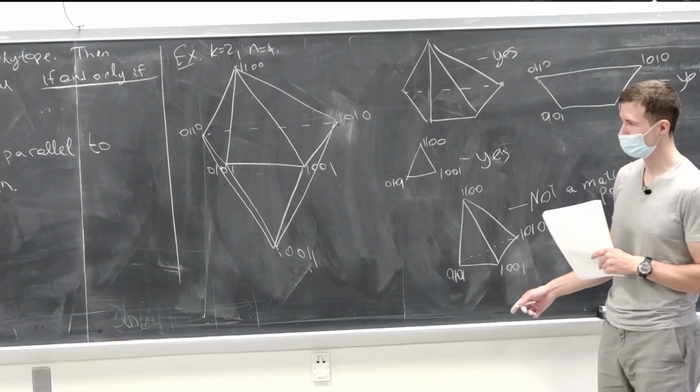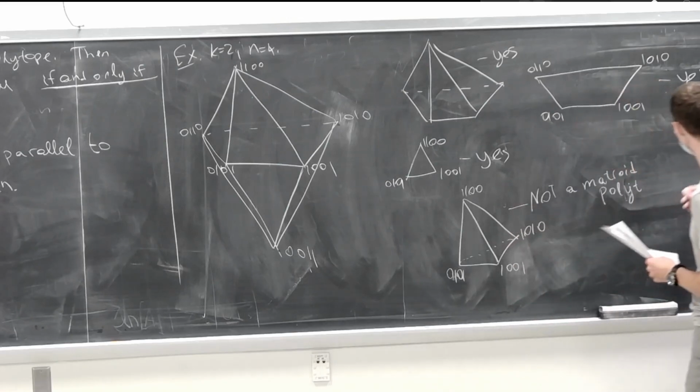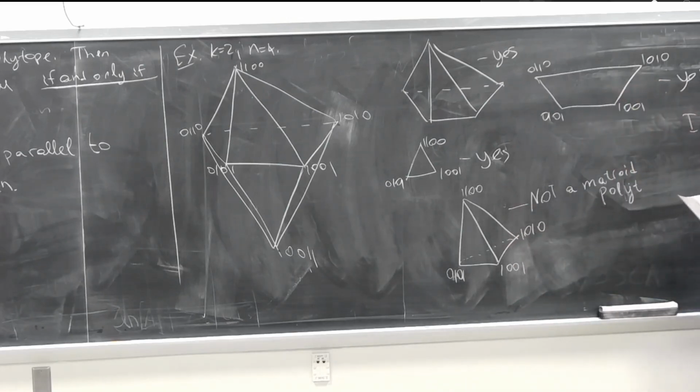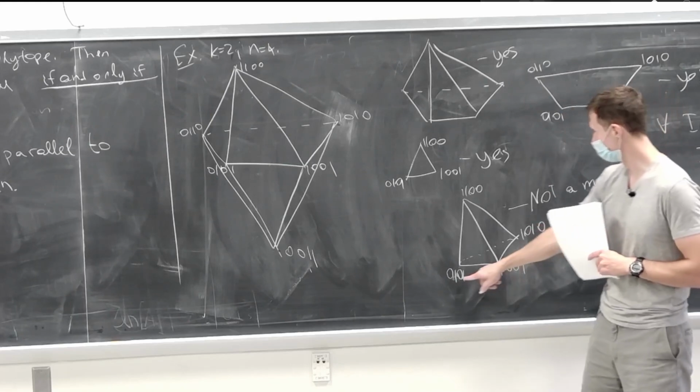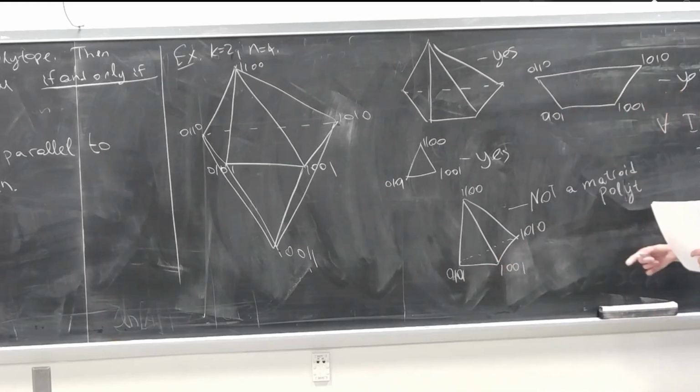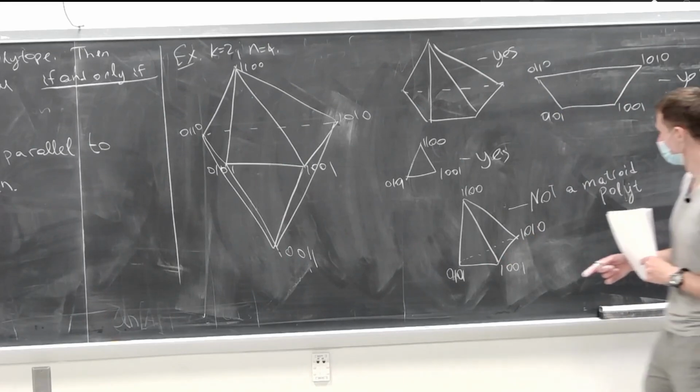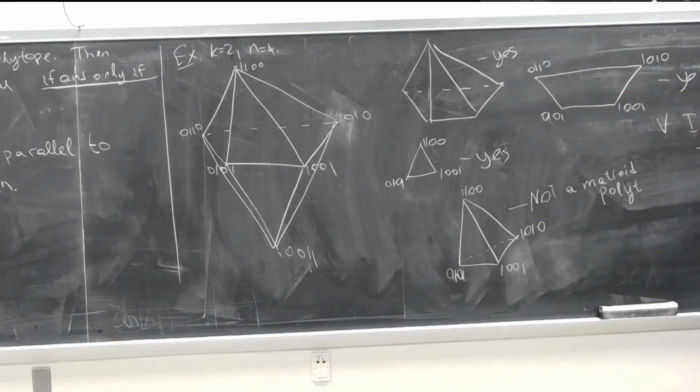Okay, the exchange axiom tells me that for any two bases I and J, and for any i in I, there exists a j in J such that I minus i plus j is a basis. Okay, so you're saying I cannot add this one to this set here.